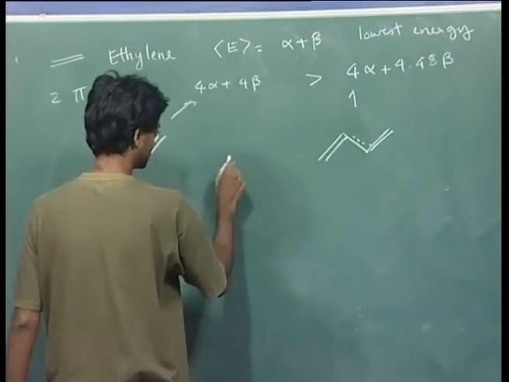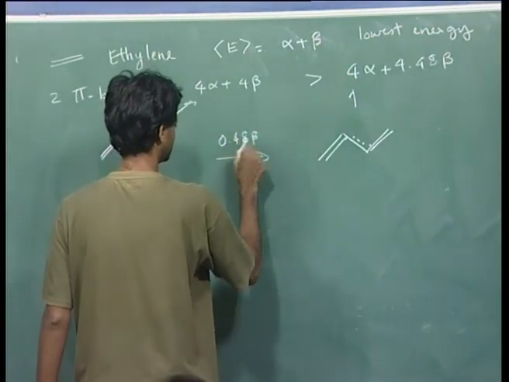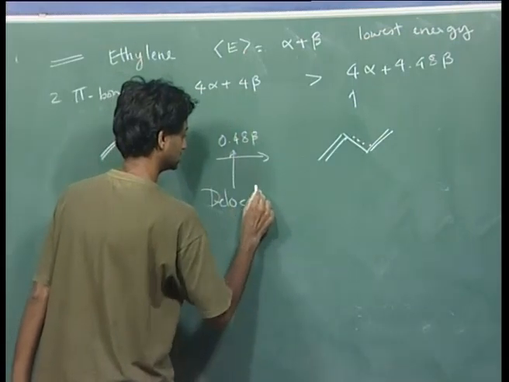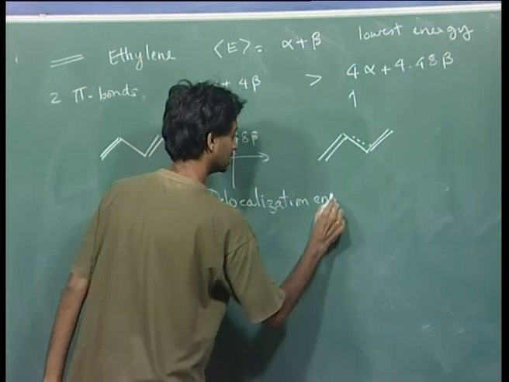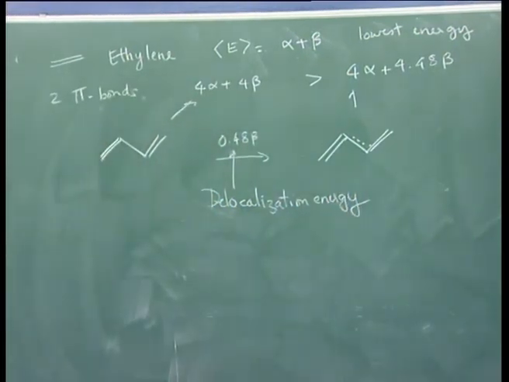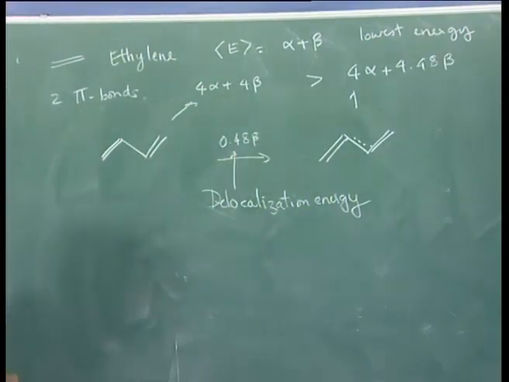So the difference in these two is 0.48 beta. This is called the delocalization energy. So Huckel molecular orbital theory gives you a simple way to see this idea of delocalization and this delocalization energy, or sometimes it's even called resonance energy.